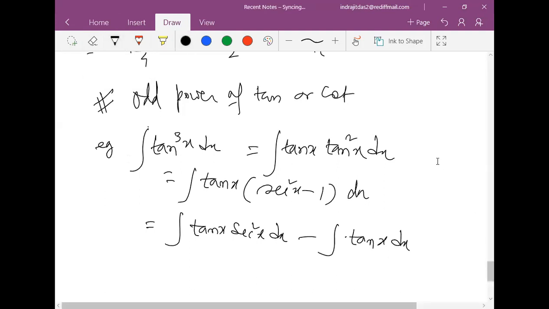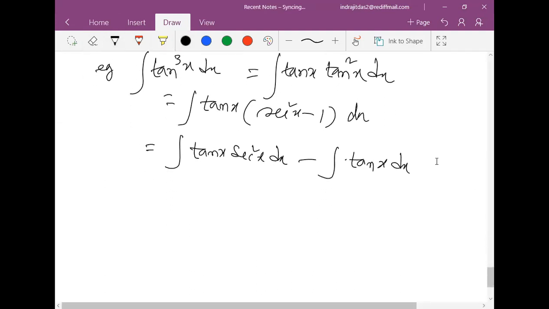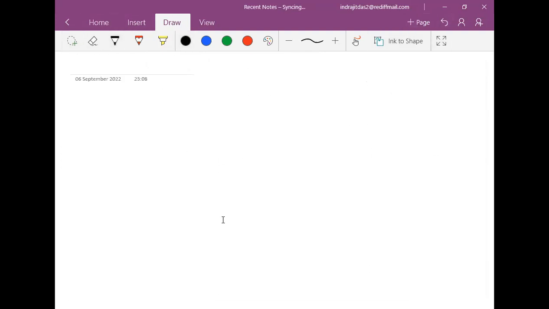So now you are getting the idea: the first part is tan x sec square x, and then minus tan x. These two things are there, tan x separately.